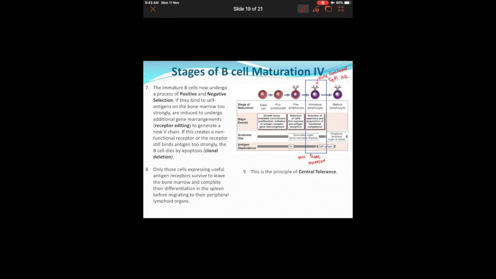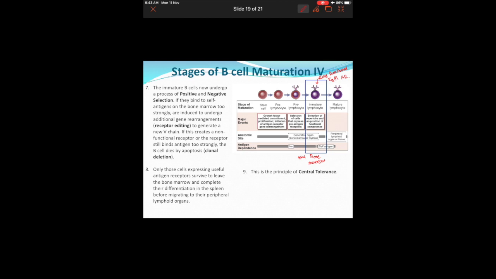Now, those cells which bind self-antigen with high affinity have a second chance to survive. And that second chance is in the form of another enzyme which causes subtle changes to the VDJ combinations to alter the epitope recognition.